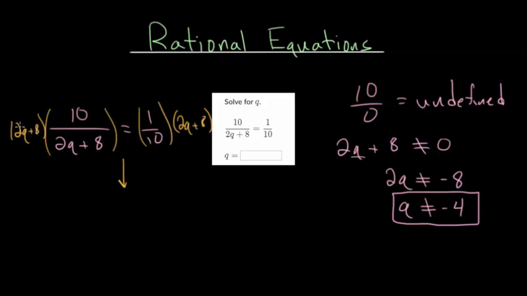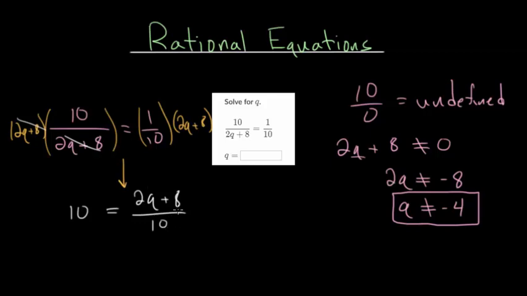So multiplying each side by this 2q plus 8, these will cancel, since something divided by itself is 1. And we know that we're not dividing by 0 here, since q can't be -4. And so we get 10 here. And over here, we get 2q plus 8 in the numerator and 10 in our denominator. Since we're just multiplying fractions here, if you want to put that over 1, you certainly can.